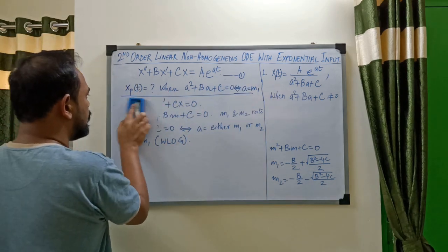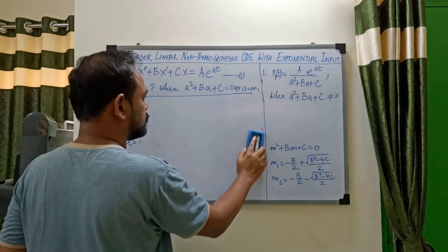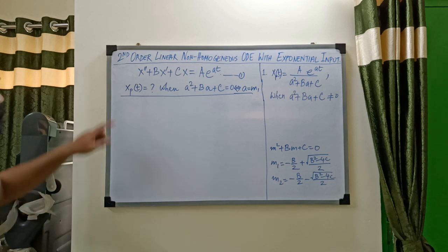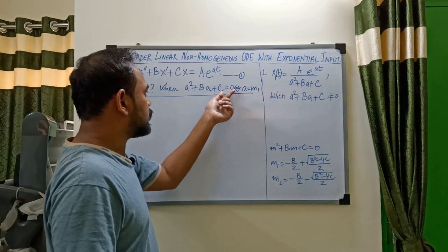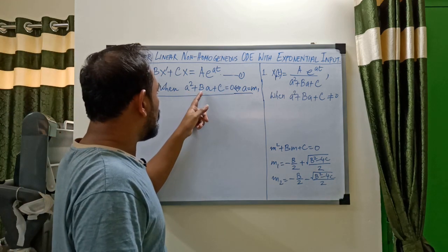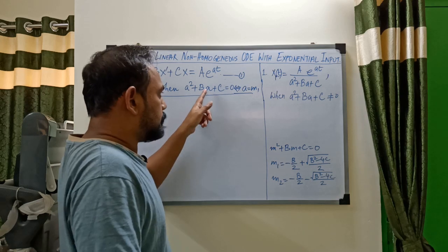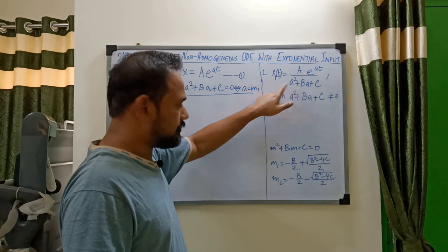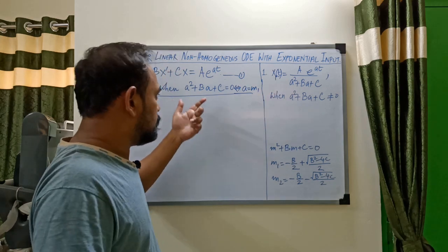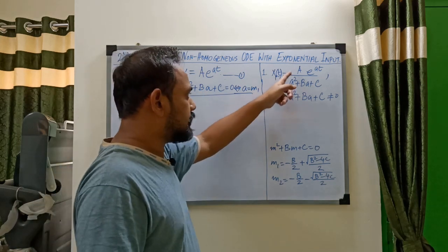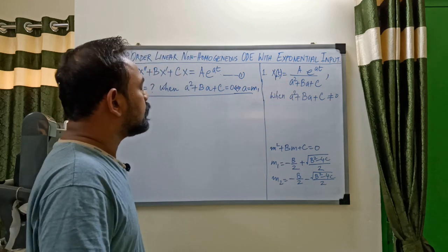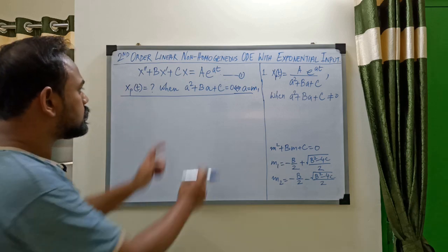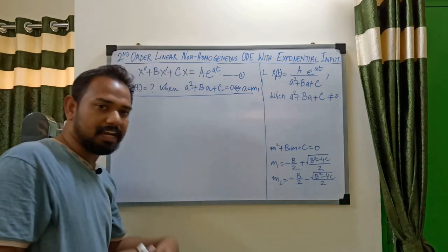Now the condition in which we have to find this particular solution is this. So this is 0. That's the problem, because if it is not 0, this particular solution is valid. The problem arises when this is 0, because we can't have 0 in the denominator. So this is the trick that we always use: we don't assume that it is exactly equal to 0, but very close to 0.